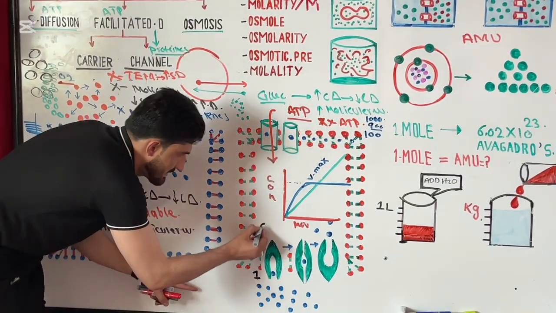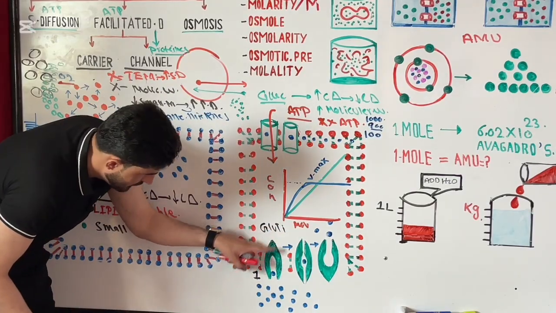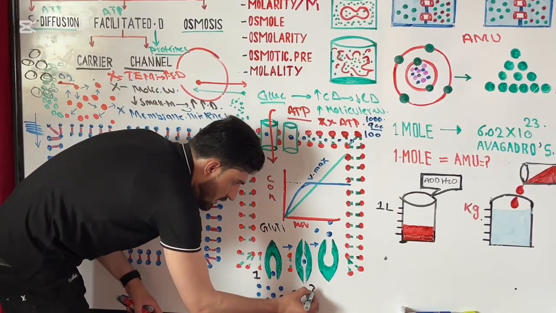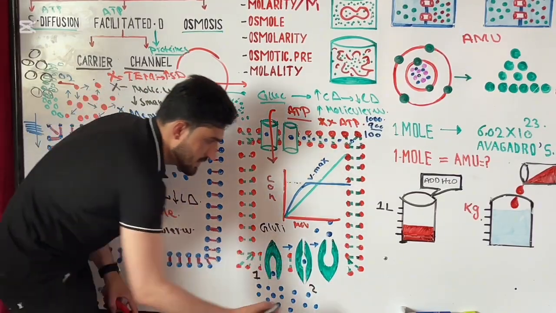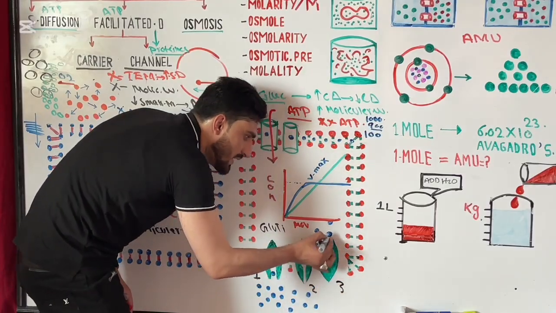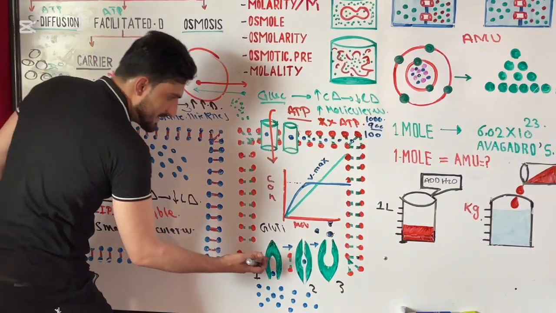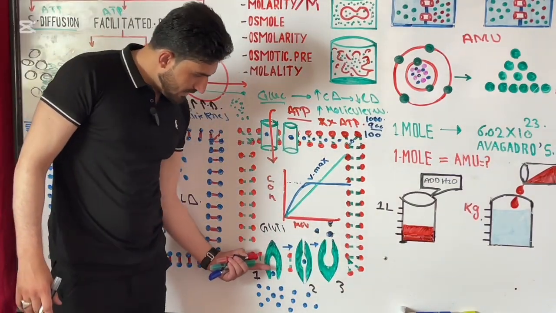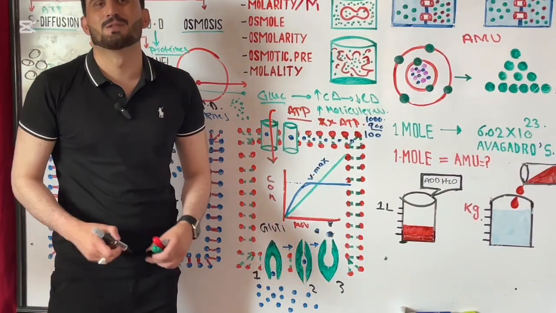For example, this is GLUT1 or glucose transporter type 1 for glucose. So first it will take a glucose, in step 2 it goes through a conformational change, and in step 3 it will release this glucose inside of the cell. So this is a carrier protein and this is a channel protein, because they go through conformational change and they don't.